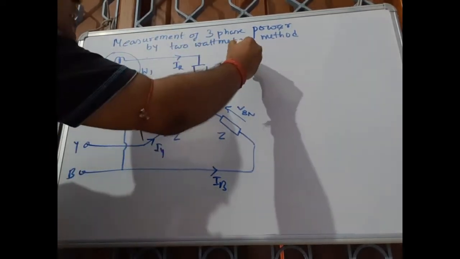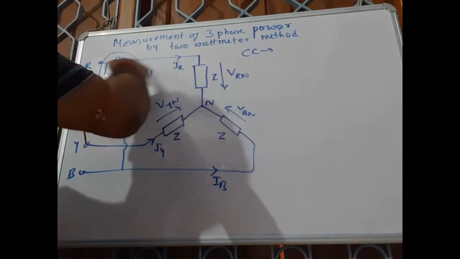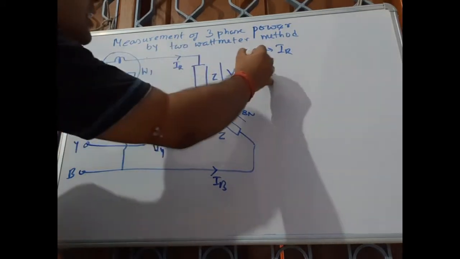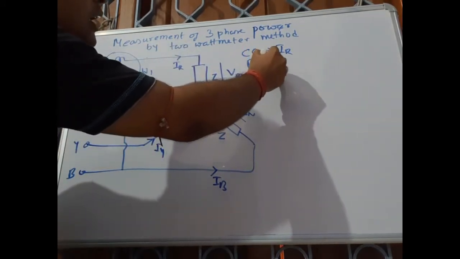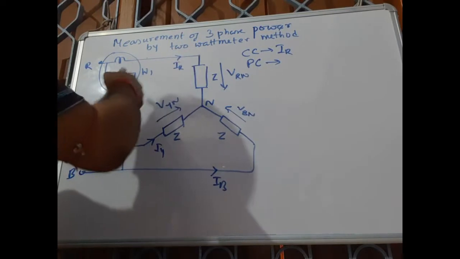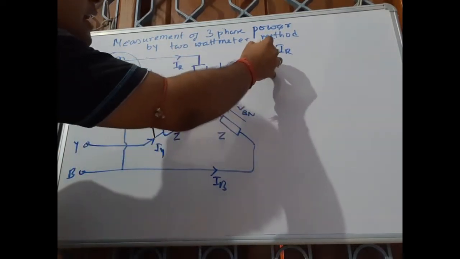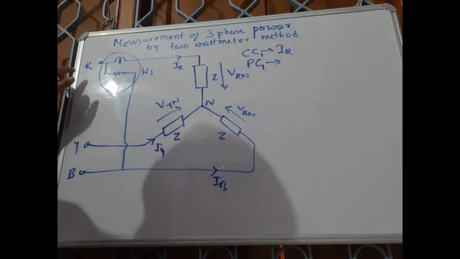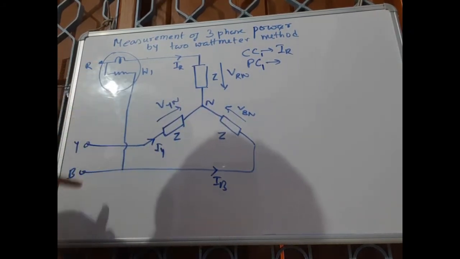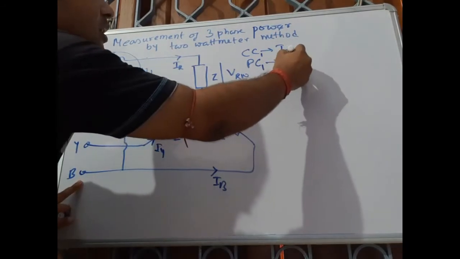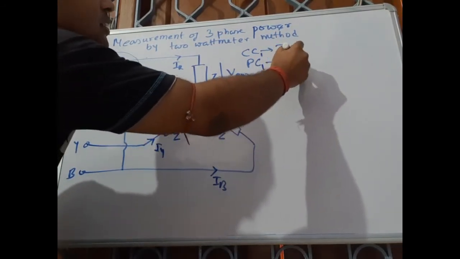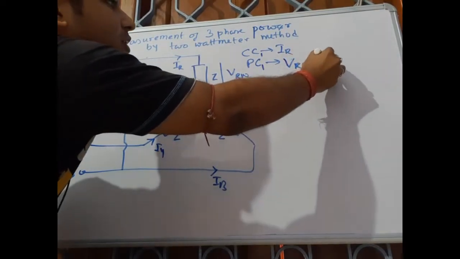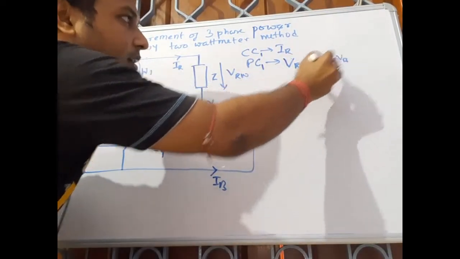So current coil measures the IR current, and the potential coil of this wattmeter 1, I write here CC1 and PC1. This will measure the voltage between R and B. So this is VRB, and that is equal to VR minus VB, right?